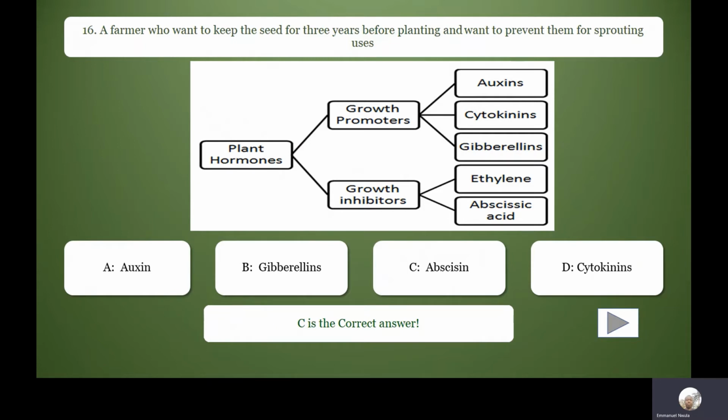Plants produce hormones, and some of these hormones promote growth while the others inhibit growth. If the farmer wants to prevent sprouting, he has to use a growth inhibitor, and the growth inhibitor involved is abscisic acid or abscissine. So the correct option here is C.